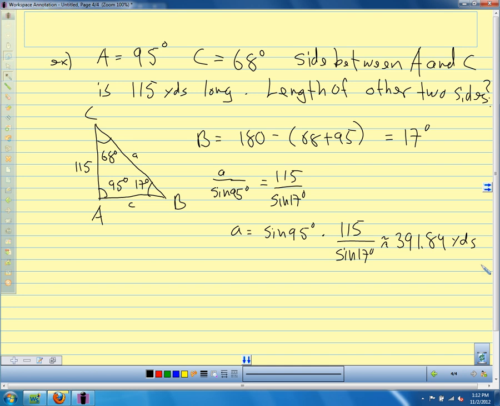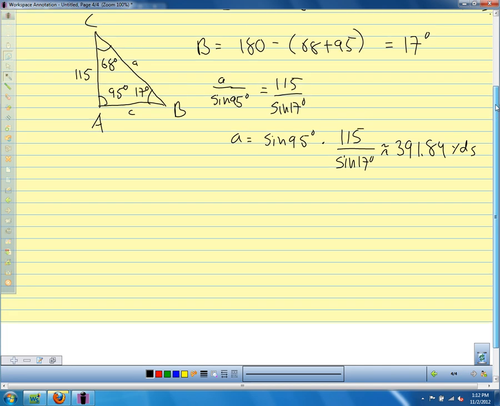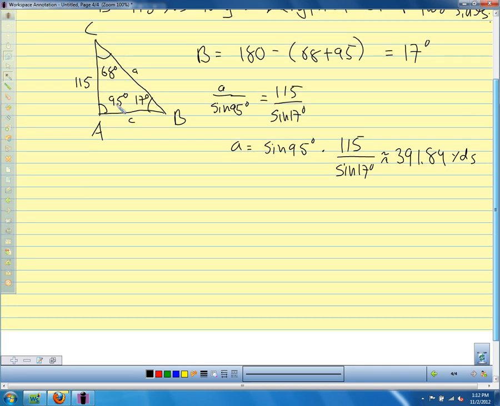And we can do the same thing for side C. I can say C, and I can pick any pair of sides and angles that I want, as long as I have all the pieces that I need. So I can say C over sine of 68 degrees equals, and I'm just going to use this same thing here, 115 over sine of 17.